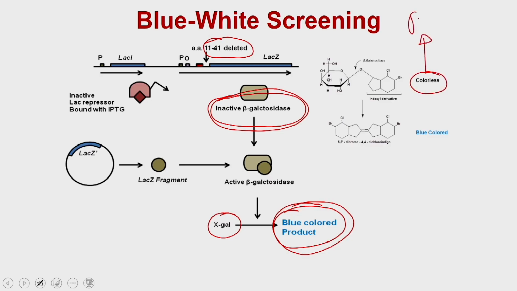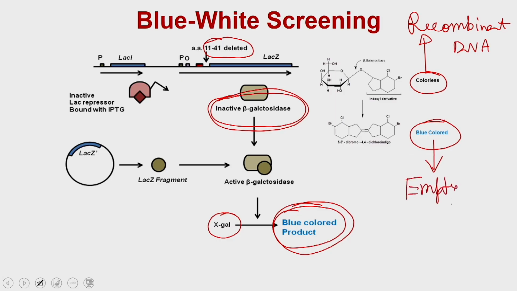So, the colorless colonies are the colonies which have the recombinant DNA, whereas the blue colored colonies have only the empty vector, because the empty vector has the functionally active alpha peptide.